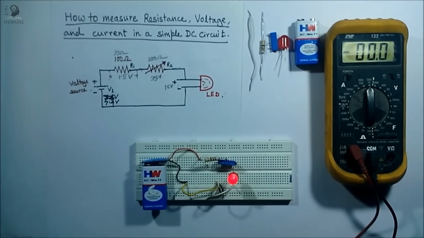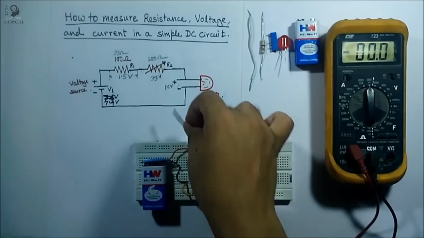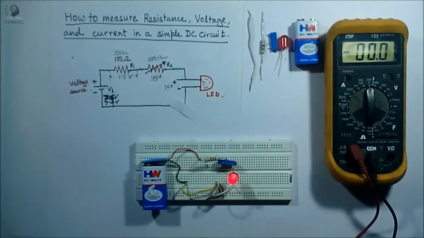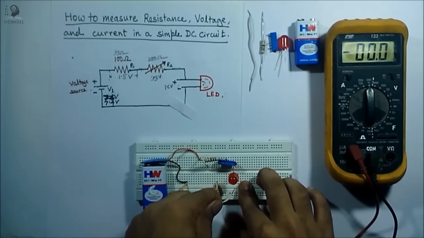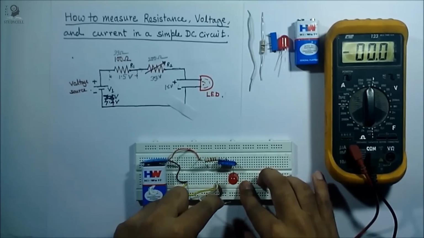To measure the current, we have to connect the multimeter in series with the circuit. So to connect the multimeter in series, first we have to open one terminal, as I am opening one terminal.